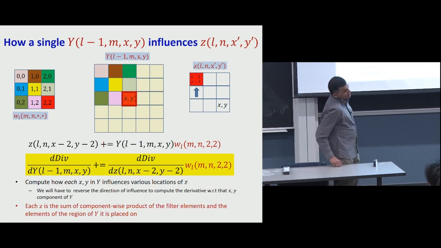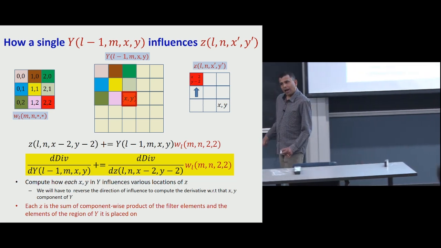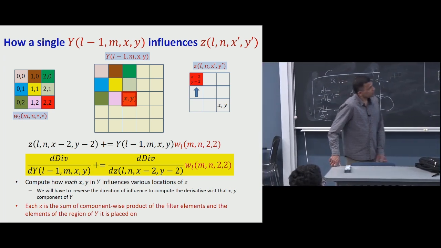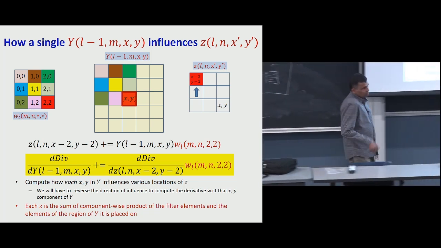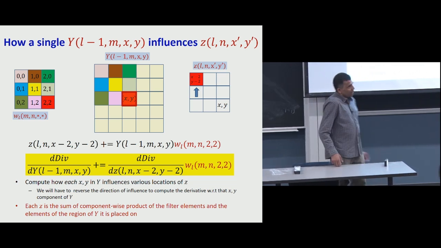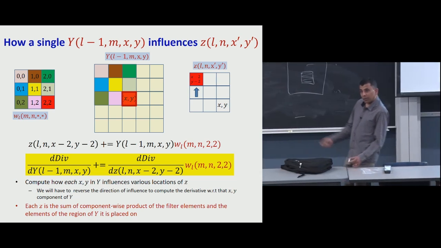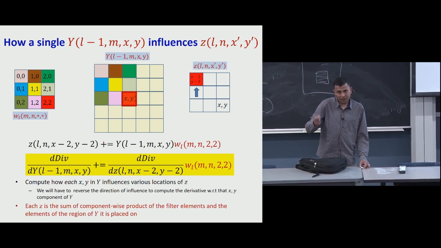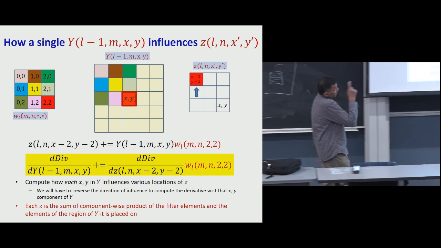If I look at the corresponding xy, I'm actually multiplying the corresponding xy location, which in this case is 22, by weight 22. So in general, if I'm looking at a weight 22, that's always contributing to zx minus 2, y minus 2. Correct? Make sense? Where did that color go? So this weight 22 got applied in computing z00.